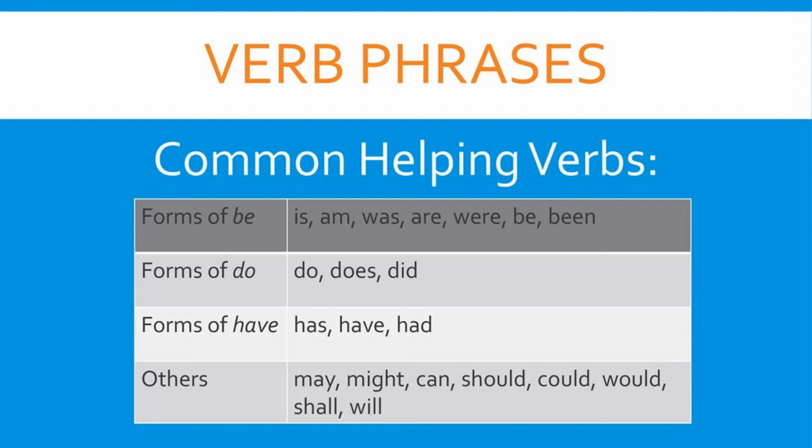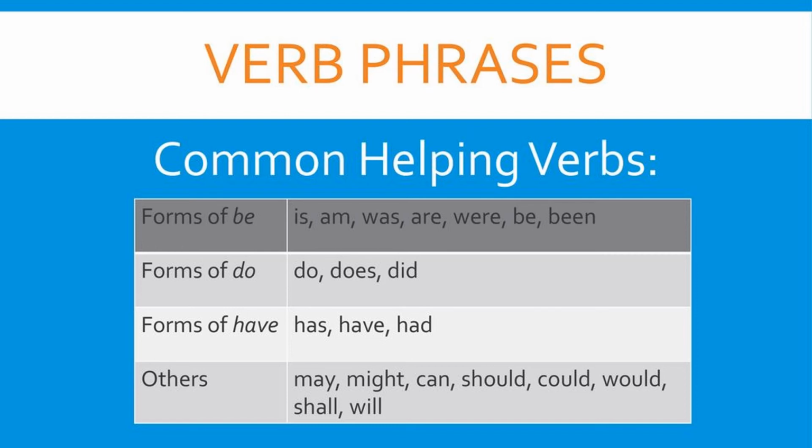We have do, does, and did. And forms of have. We have has, have, and had. And the others, we have may, might, can, should, could, would, shall, and will.